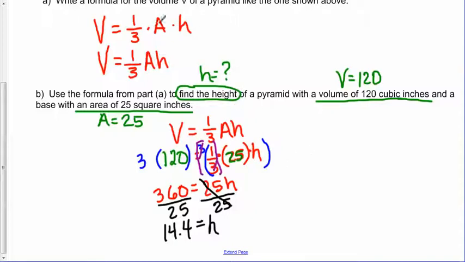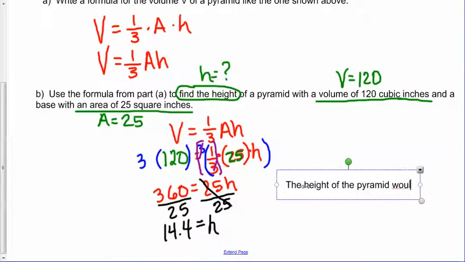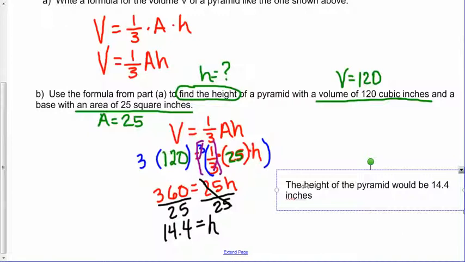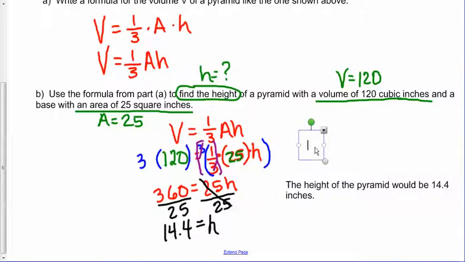We want to be sure that we answer the question that was being asked. So the height of the pyramid would be 14.4. And remember, all of our measurements were given in inches. So the height of the pyramid would be 14.4 inches. And that would be how we would write our final answer.